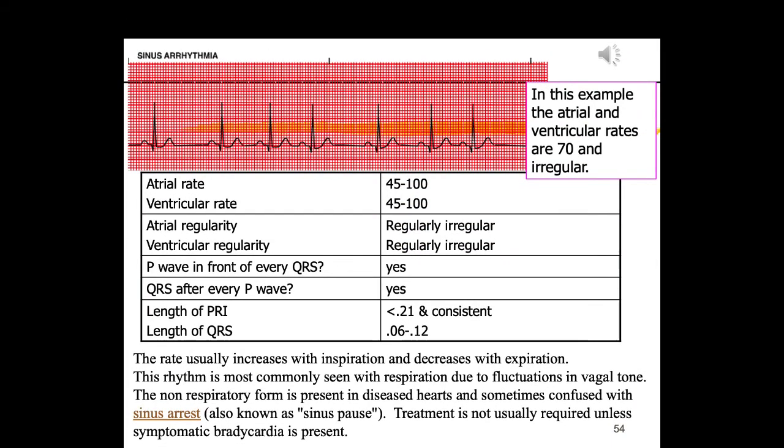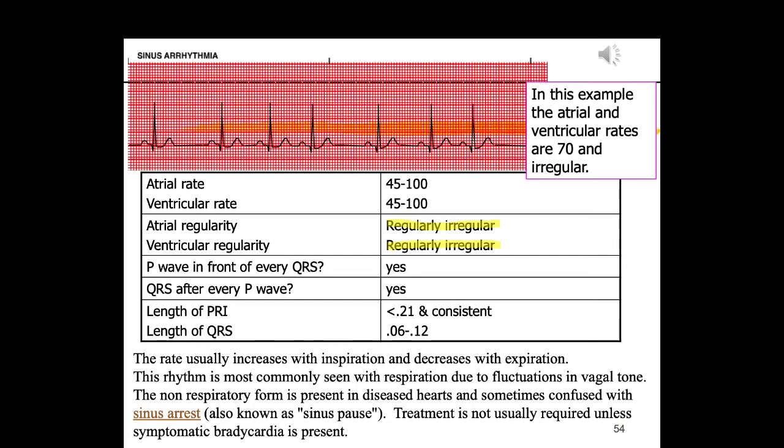Sinus arrhythmia is a sinus rhythm that has a regularly irregular pattern to both the atria and ventricles. The atrial rate can be anywhere from 45 to 100, and the ventricular rate is the same.